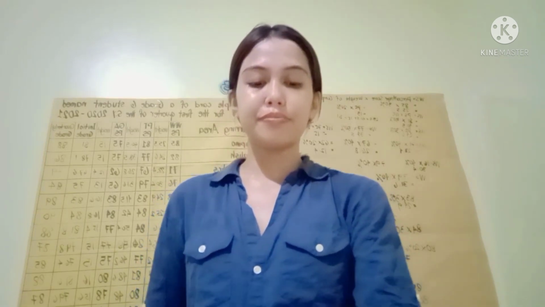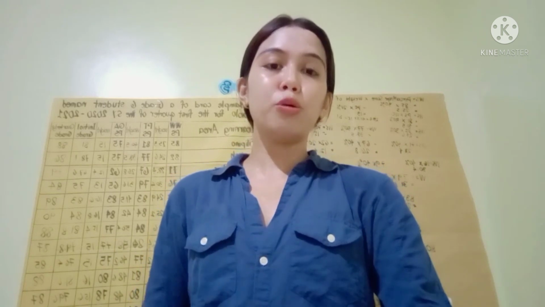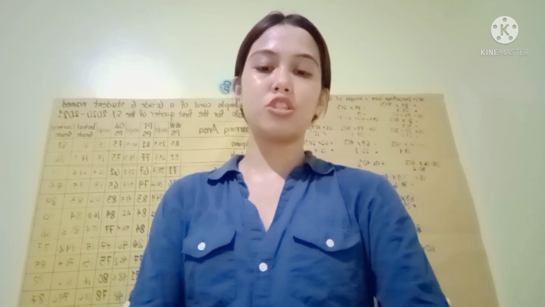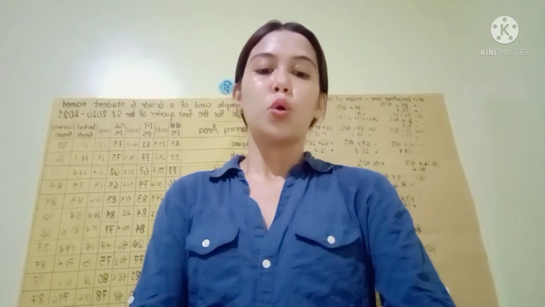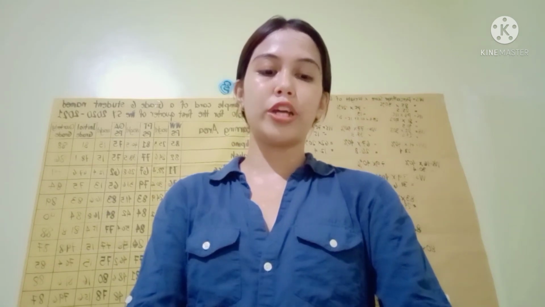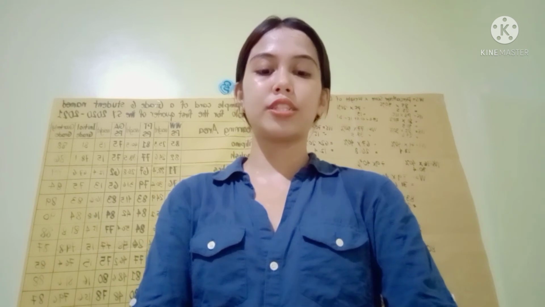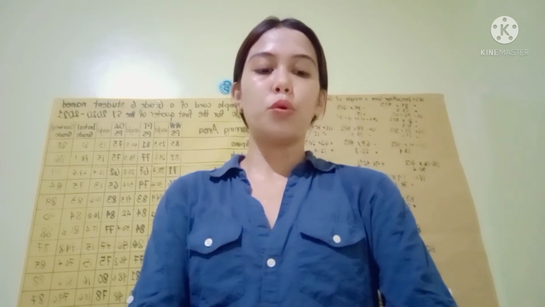Next is, in which learning area did Paulo perform best during the first quarter? Explain briefly your basis. Paulo performs best in the subject of Edukasyon sa Pagpapakatao. He got a high percentage score in the performance task, which is 50% in the weight of component. He also got a high percentage for the written works and quarterly assessment, which is 84% in each.